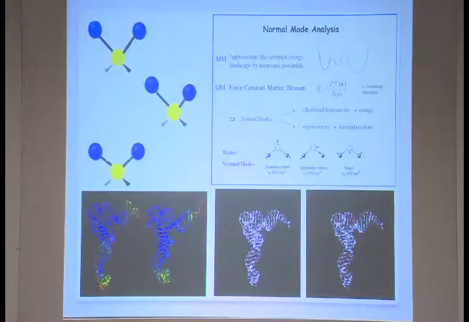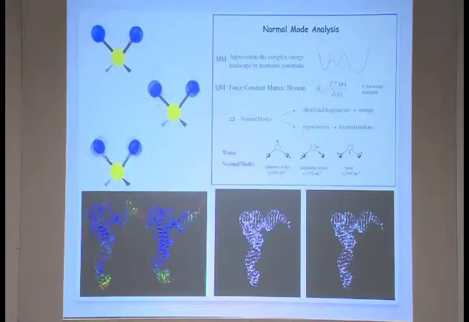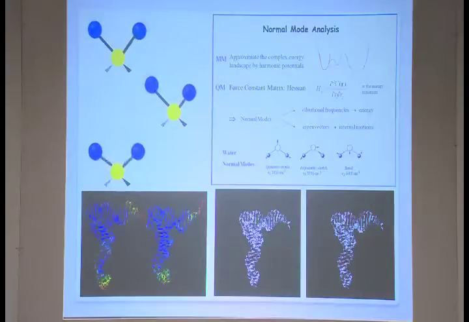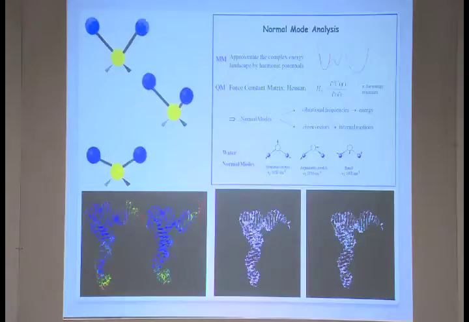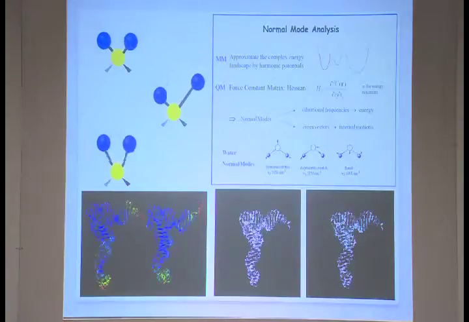So then they tried to make a normal mode based fitting method, and actually here I saw that even the tRNAs, they were initially thought to be very rigid molecules.